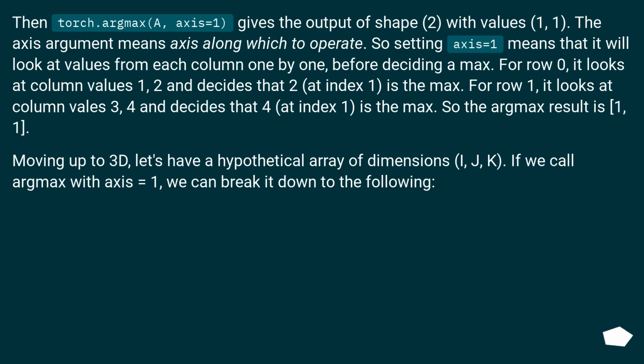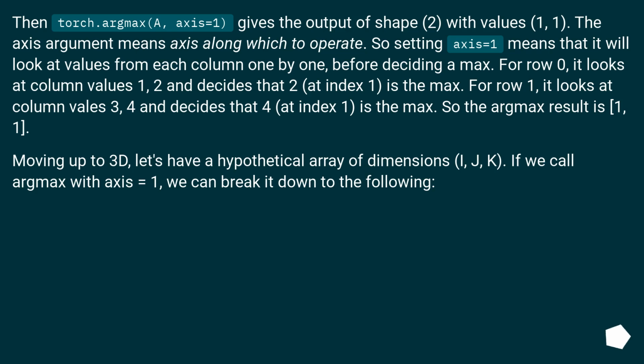So setting axis equals 1 means that it will look at values from each column one by one, before deciding a max. For row 0, it looks at column values 1, 2 and decides that 2, at index 1, is the max. For row 1, it looks at column values 3, 4 and decides that 4, at index 1, is the max. So the argmax result is 1, 1.